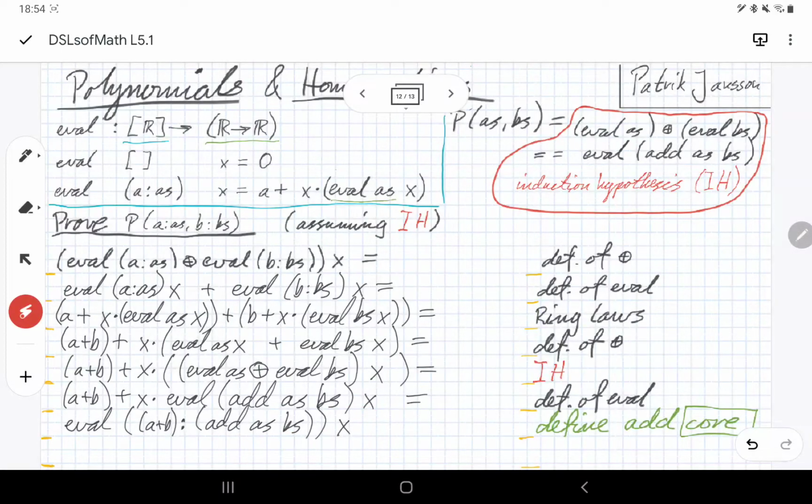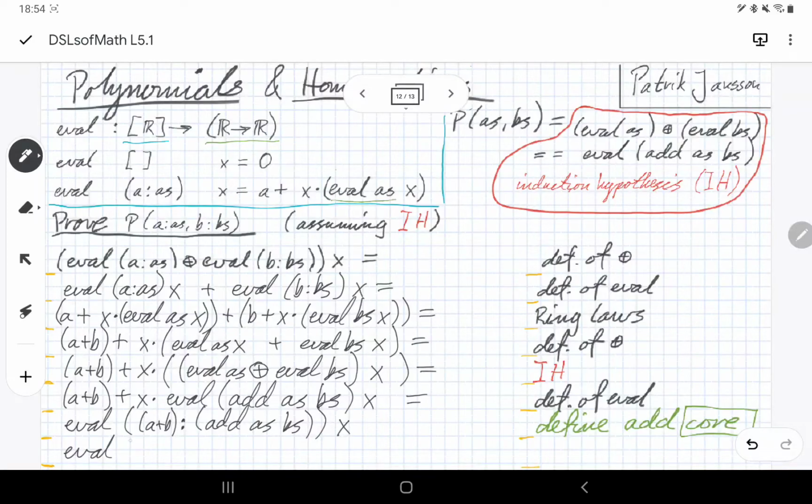Okay, and what I wanted to prove was that eval should just have add in here. Add not for as and bs, but add for a cons as and b cons bs. So let's first just write down what I want it to be.